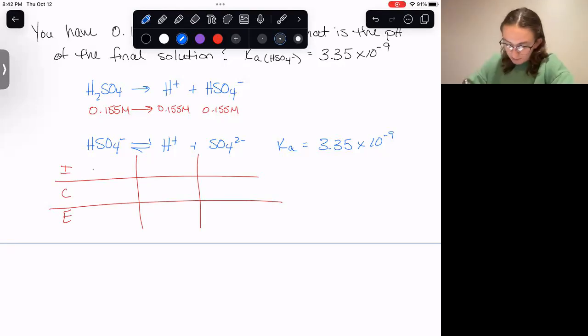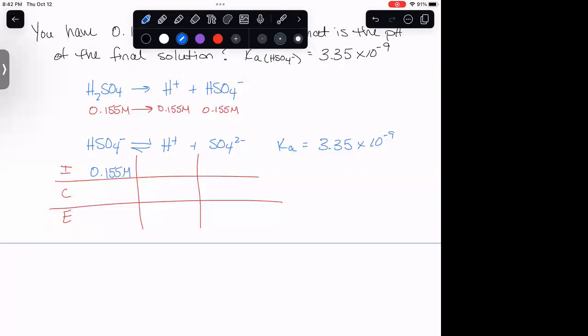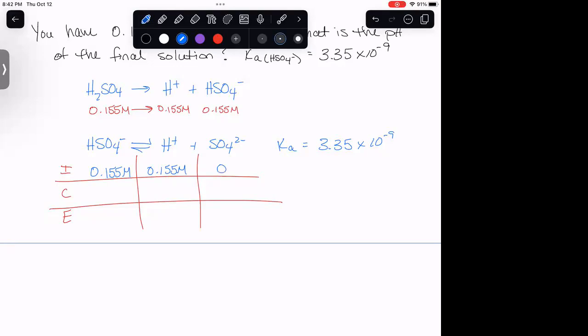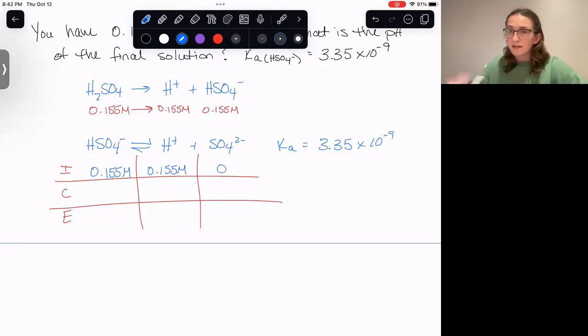Yep, perfect. We know that it's 0.155 molar because we just made that from the initial dissociation of our strong acid. What's the concentration of our H plus? The same, yep. We also have this in solution already. Do we have any SO4 2 minus? Nope. Right, so now this just turns into a regular ICE table.